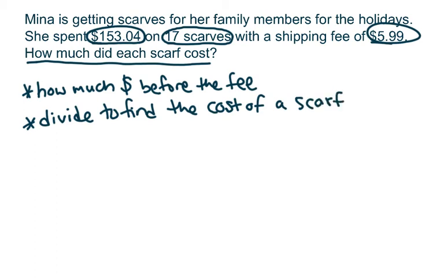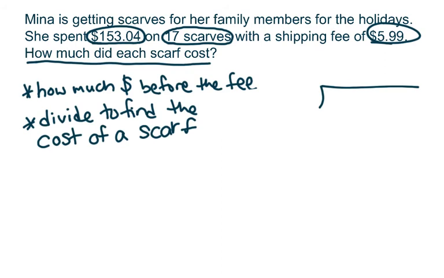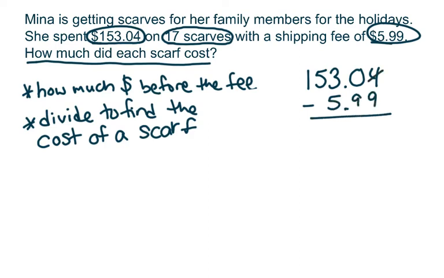So let's take a look at this problem. Starting off, we're going to need to subtract. If the $153.04 includes the shipping fee, we're going to need to remove the shipping fee before we can do any division.